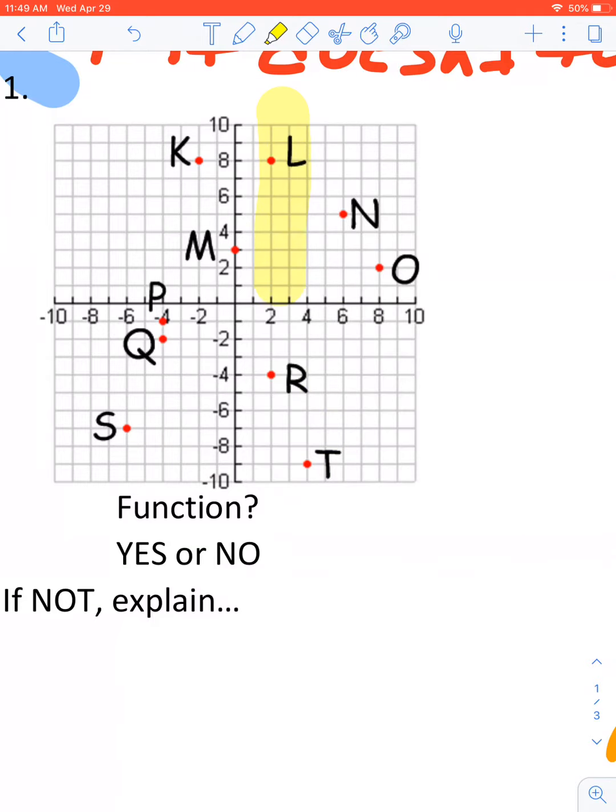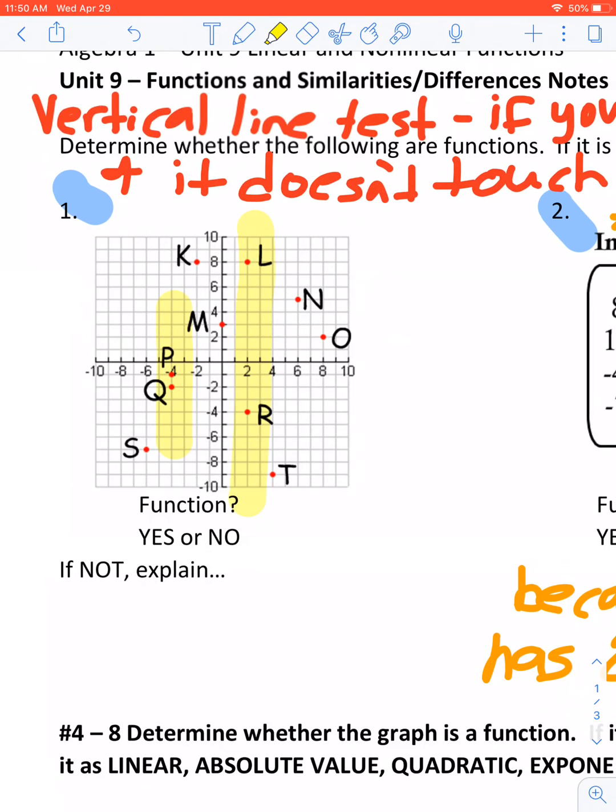R. Oh, so if we look at R and L, if I draw a vertical line there, it touches R and L. Let's keep going. M, we're good. K, we're good. Ooh, P and Q. If I draw a vertical line there, the line's going to touch P and Q, okay? And then S, we're good. So is this a function? No, unfortunately, this is not a function.